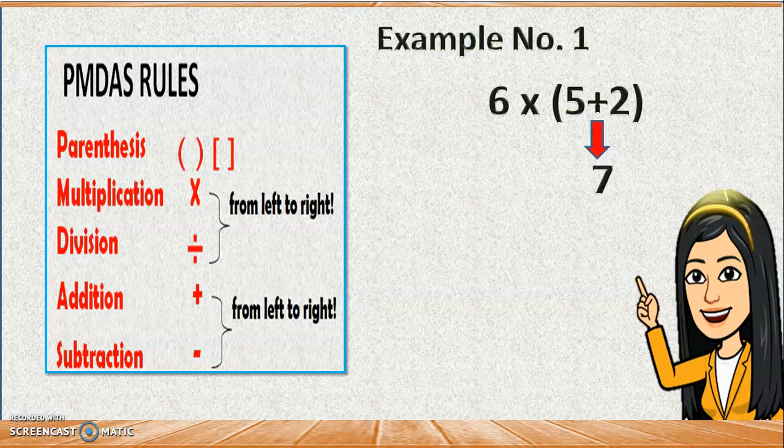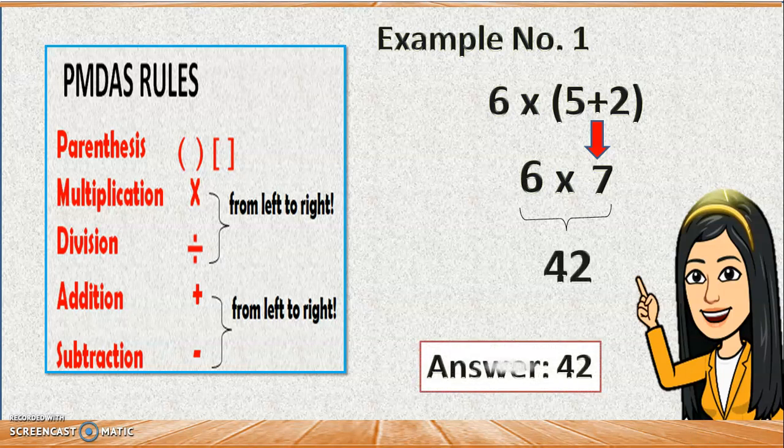It's equal to 7. So, bring down the 6 times. So, ang dali na lang i-solve nito. 6 times 7 is equal to 42. So, the answer is 42. Okay, napakadali, di ba? So, always remember, the first step is the parentheses. Follow the other equation.